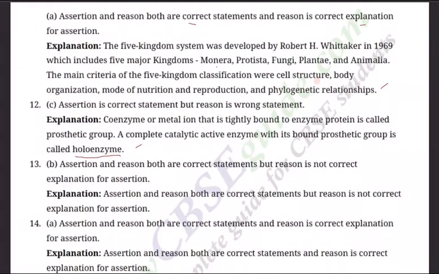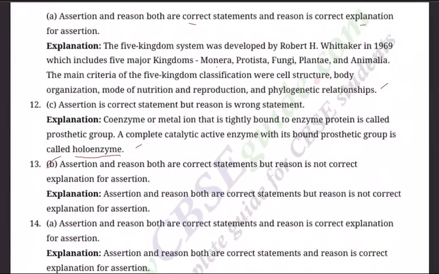Question number 13. What is it? Assertion: A special membranous structure is a mesosome, which is formed by the extensions of plasma membrane into the cell. Reason: In some prokaryotes like cyanobacteria, there are other membranous extensions, chromatophores, present, but mesosome is absent.